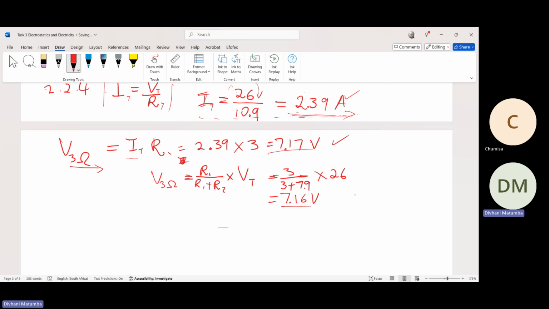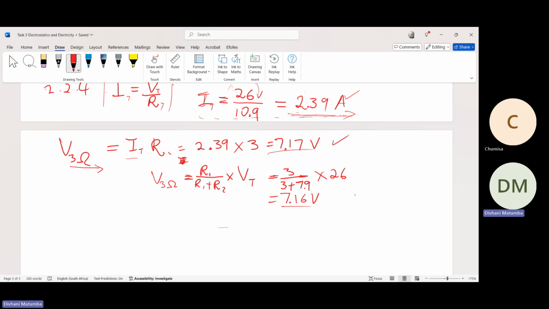So I used to use these formulas back in the days when I created my own shortcuts. I used to use ratios a lot. I would tell myself that we have the total voltage of the circuit, and that total voltage is going to be shared across the resistors in series.